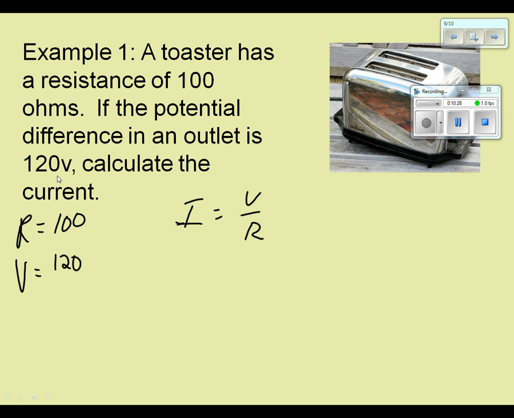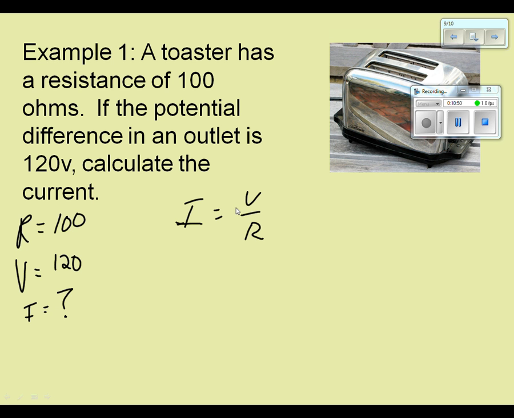And I'm solving for, calculate the current. I'm solving for I. That's what I want you to write on the left-hand side. What you know and what you don't know. Write that down, please.